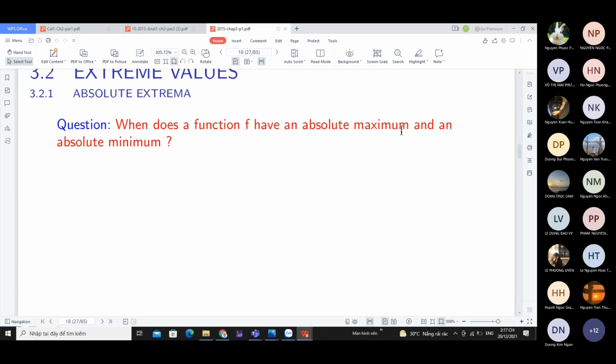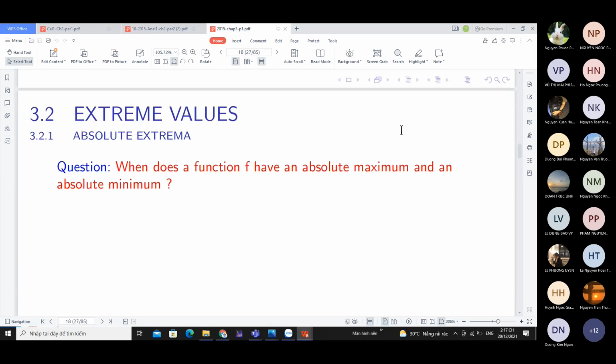All right. Now, we go back to the problem of finding the maximum value and minimum value of a given function. The question here is when a function f has an absolute maximum and an absolute minimum.